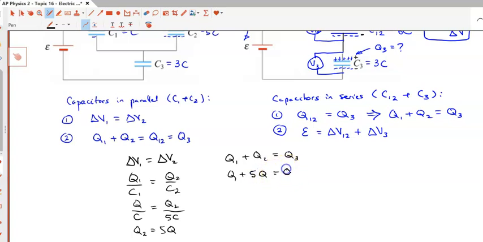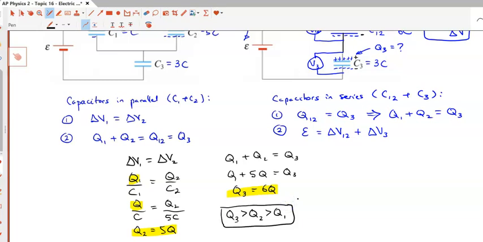So therefore that makes Q3 equal to 6Q. So now we have it: Q3 is 6Q, Q2 is 5Q, and Q1 is just simply Q. So we can now rank it and say that Q3 is the largest charge, followed by 2, followed by 1. And that's the answer for part B, I guess.